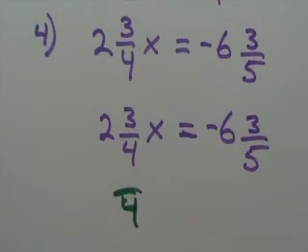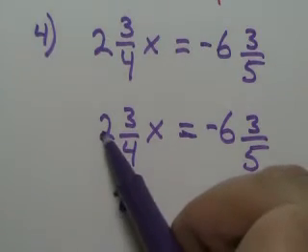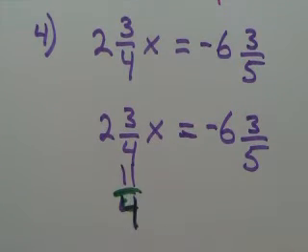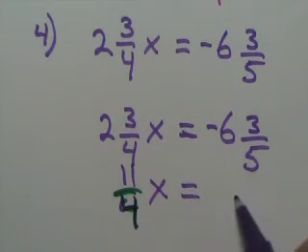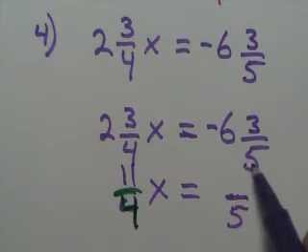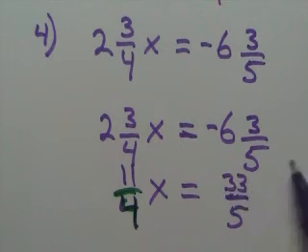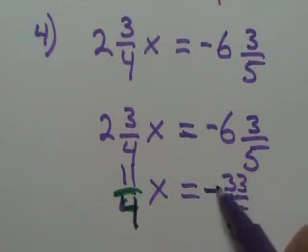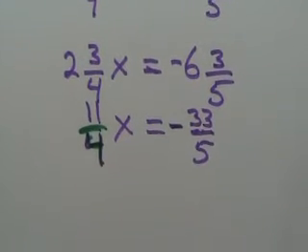So that's a 4. Sorry. 4 times 2 plus 3, that's 8, 9, 10, 11. It's 11 fourths. And over here, 5's on the bottom. 5 times 6 is 30, plus 3 is 33. And there's 1 negative there, so if you want to, you can put it on top or bottom. It really doesn't matter. Not when we're multiplying.